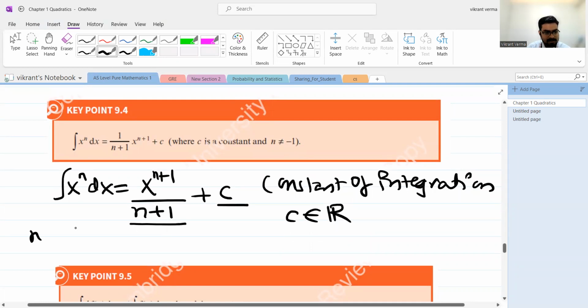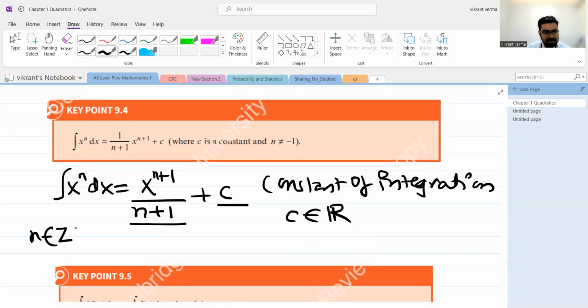This formula is applicable when n is any integer. The only thing is n should not be equal to minus 1. This formula is applicable for all integers. n can be any integer except minus 1. Okay. So this is the general formula for integration.